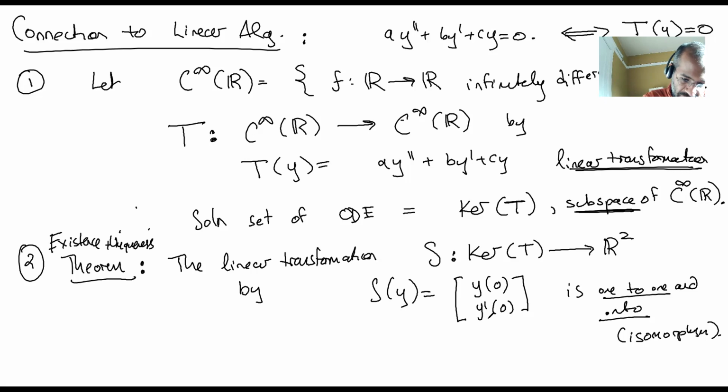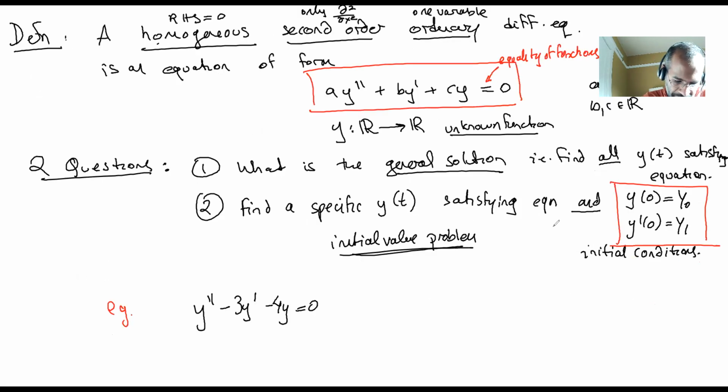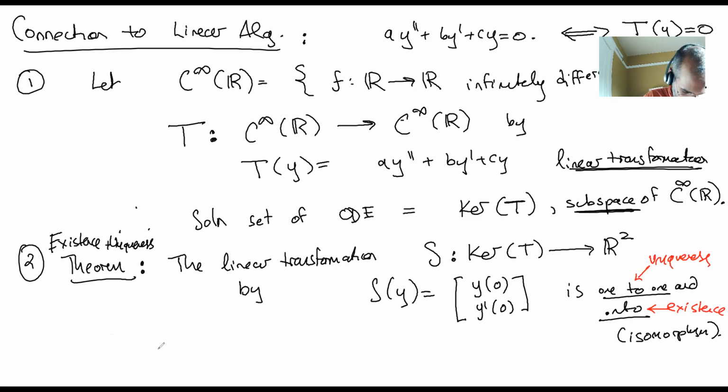So one to one tells you something about uniqueness, and onto tells you something about existence. This is equivalent to saying that this initial value problem, find a solution to this equation satisfying these conditions star, always has a unique solution.